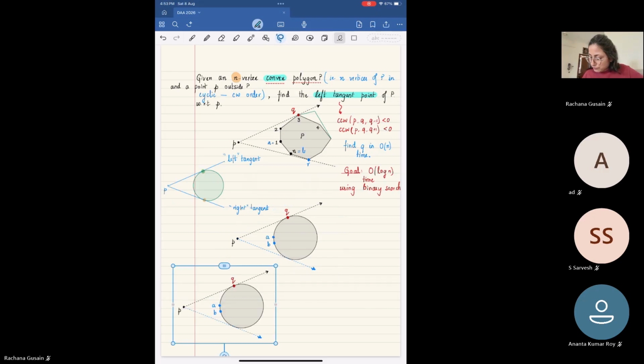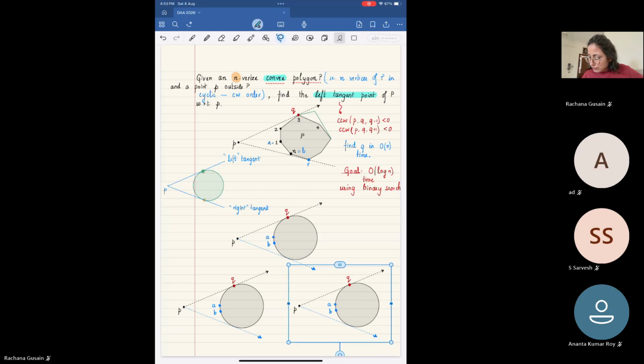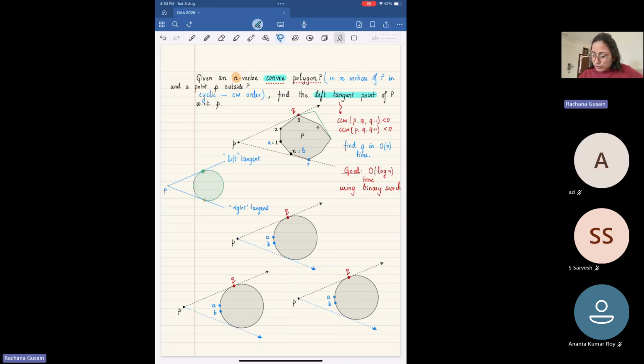Let me call the middle index C. C will be either somewhere on the right half, doesn't matter where it is, or it could be in the inner part.